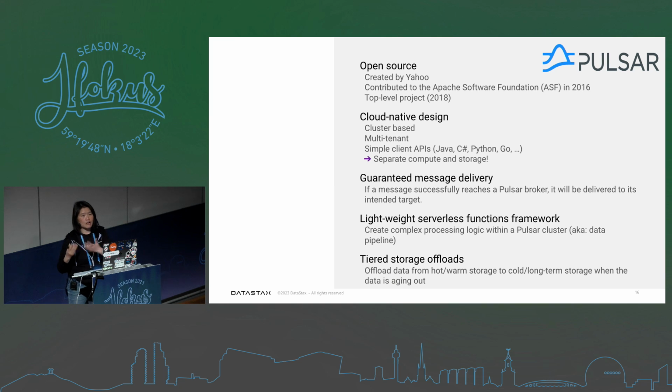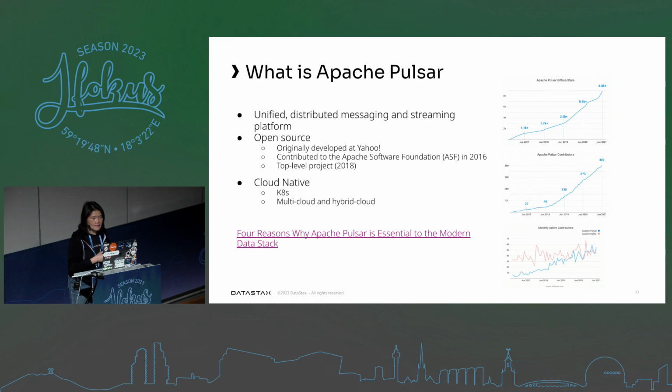Pulsar knows this, and it will move all of these cold messages to cold storage, essentially, so that it doesn't take room in your hot area, and you can take care of more urgent things. Cold storage, for example, would be something like S3 buckets at a lower cost. So then you don't get charged as much for long-term storage. So these are just some of the highlights of why Pulsar is the choice.